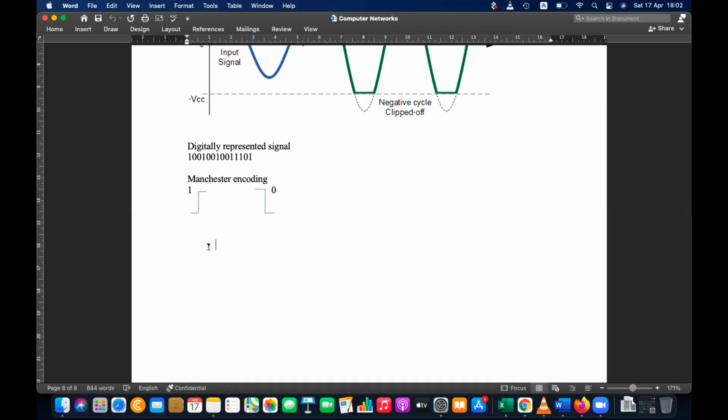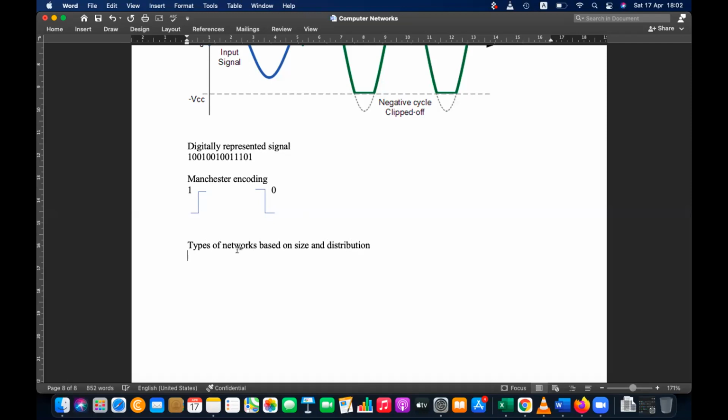So other than the Manchester encoding, we discussed the types of networks based on size and distribution.